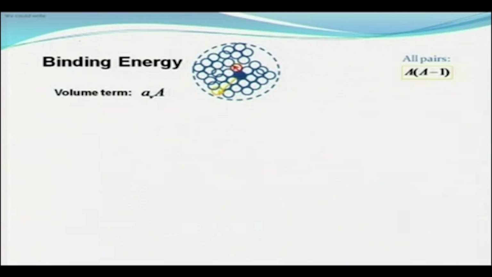So, if you consider all such pairs, then we expect the number of such pairs for A nucleons to be A times A minus 1, and then we expect the binding energy, the energy due to the strong force of interaction, to be proportional to A times A minus 1. But that is not what is seen.